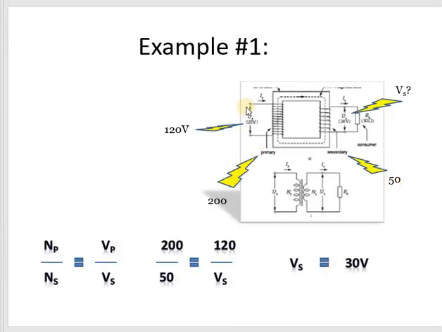This is an example where the primary coil has more turns compared to the secondary coil, and we can tell this is a step-down transformer. If an alternating current is applied to this coil circuit, the magnetic flux can flow through the iron core and induce current flow in the secondary coil.